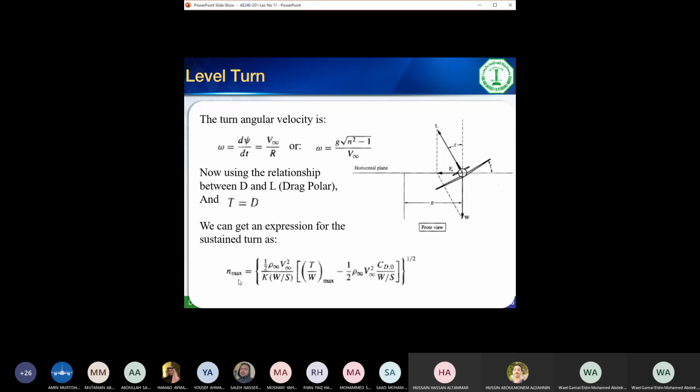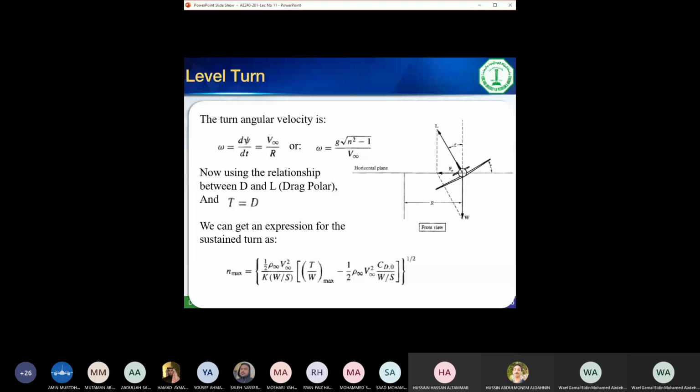Now, I assume most of you have taken 220, so I hope you know exactly what I mean by the load factor. Do you have an appreciation of what we mean by the load factor, or do I need to explain it? Okay, let me ask you a question to check.